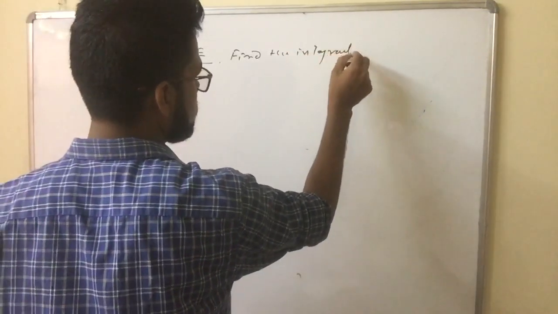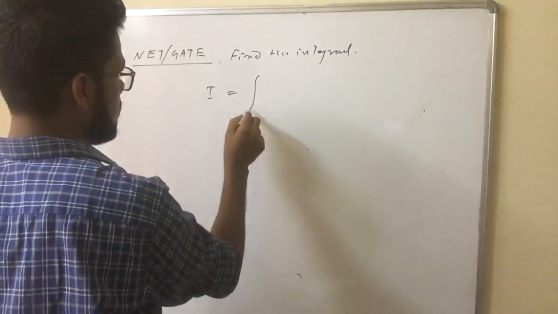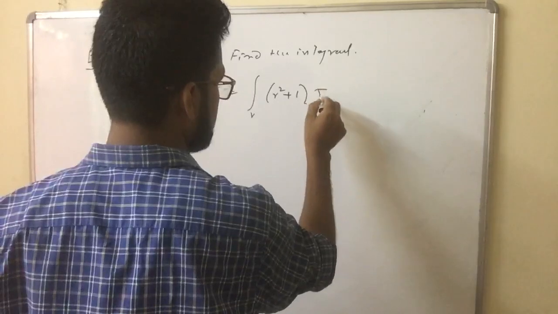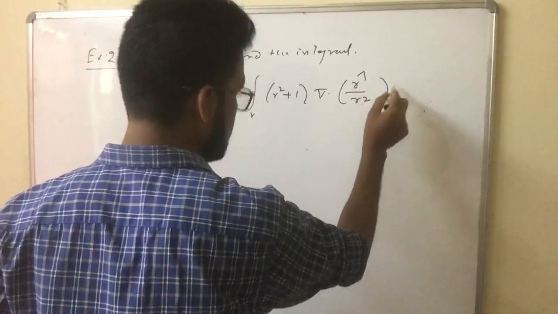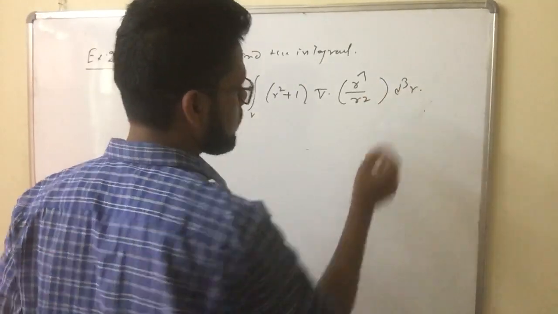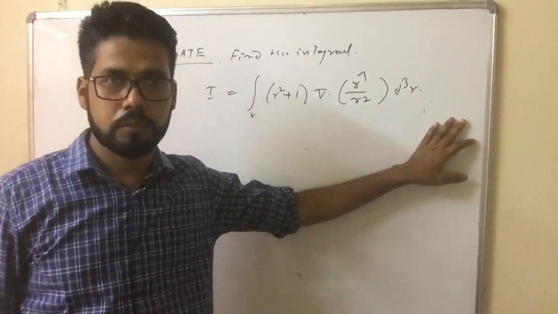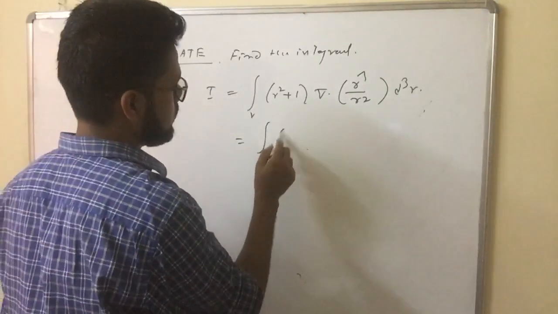Integral I equals the volume integral of (r square plus 1) times divergence of (r cap by r square) d cube r. D cube r means dv.